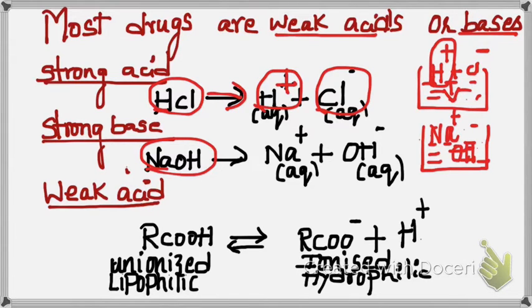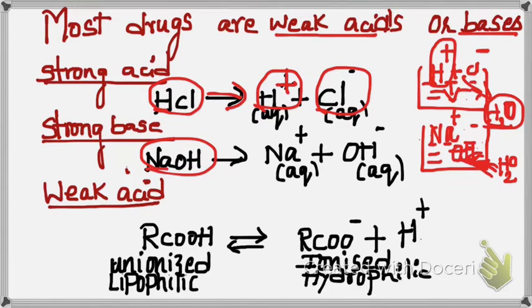But here it takes up the proton from the water, from this H2O, and it becomes water. Anything that takes up the proton is considered a base. Anything which gives a proton to the water is considered a strong acid or acid.